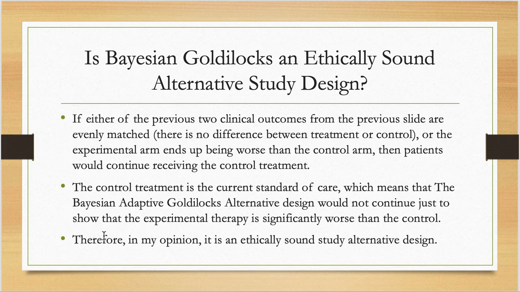And the control treatment is the current standard of care, which means that the Bayesian Adaptive Goldilocks alternative design would not continue to just show the experimental therapy is significantly worse than the control. So therefore, in my opinion, it is an ethically sound alternative design. Nobody is being harmed.